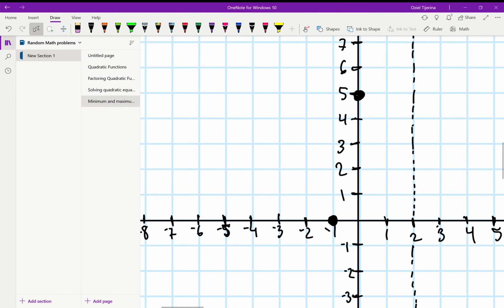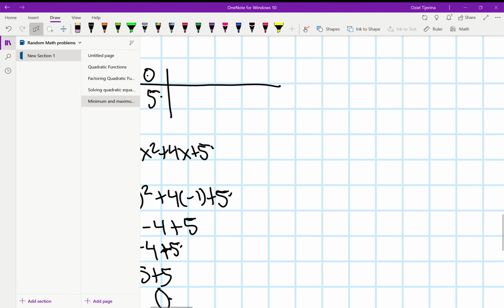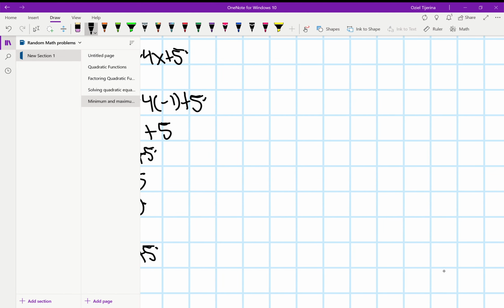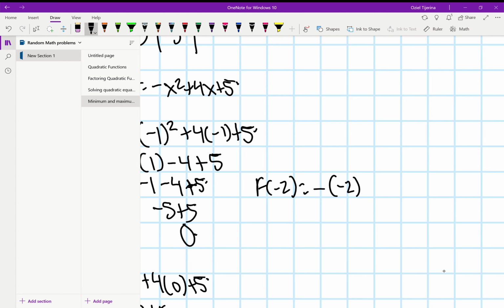And then if we do -2, we have f of -2 is equal to negative the quantity -2 squared plus 4 times -2 plus 5. So it's going to be -4 minus 8 plus 5.